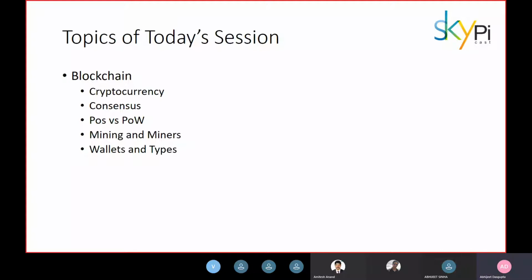We shall also be discussing the concept of mining, and what miners are and what miners do. We will also have a look at different types of miners and the concepts of mining pools. Lastly, we will be discussing crypto wallets, their use, and different types and classifications of these wallets.